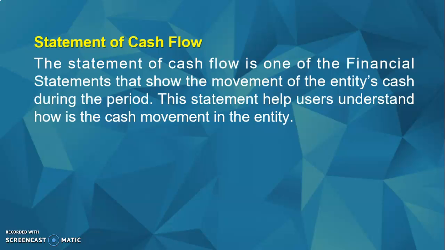For example, cash flow from operating activities helps users to know how much cash an entity generates from operations. In general, the information will be shown based on the method of cash flow that the entity prepares. It includes the direct and indirect method.